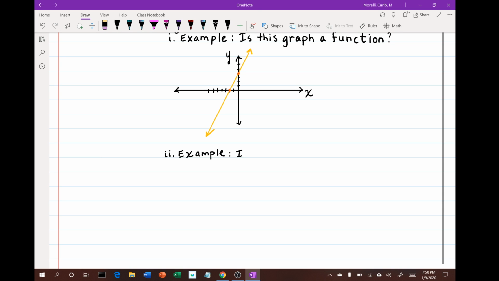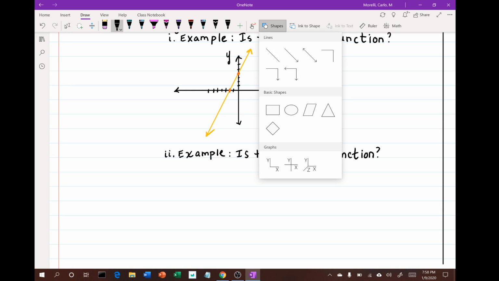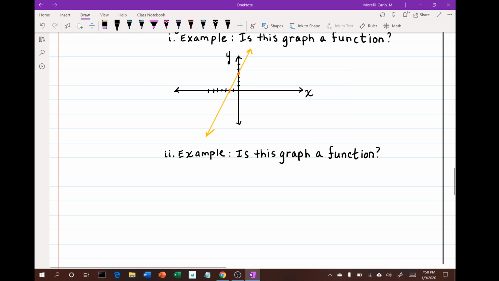Is this graph a function? All right, now we need one that fails the test, right? Okay, so we'll do this.